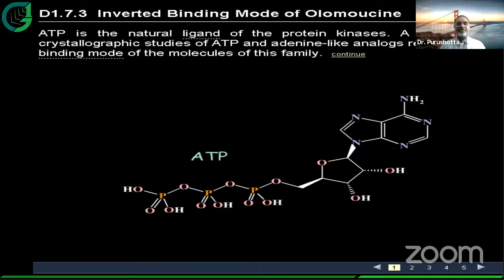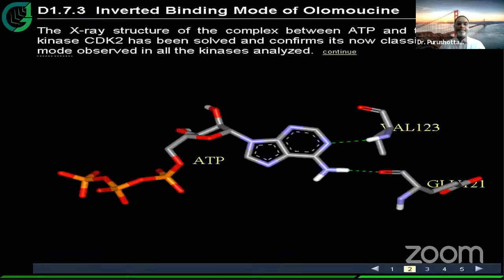There is nothing new in this one, but if you have not studied it, I would request you to study the binding mode of ATP in the protein kinase. And you could see the X-ray structure complex between the ATP and the protein kinase. This is actually the example from CDK2, which has been solved and confirmed. It is now a classical binding mode of all the kinases.